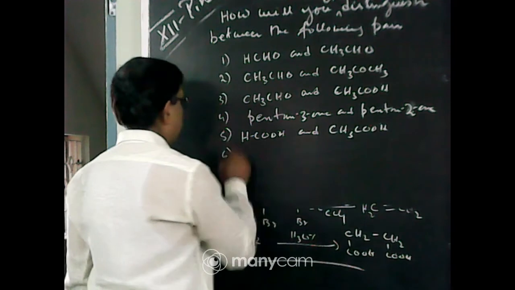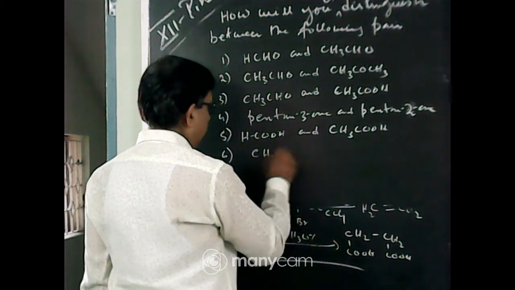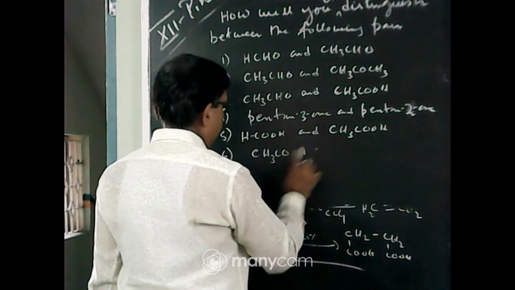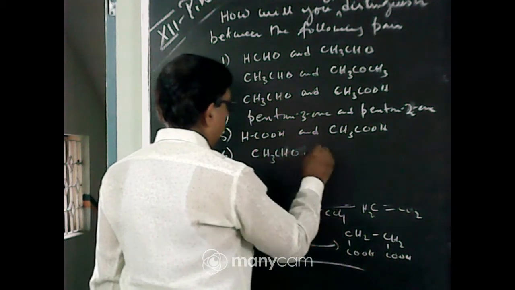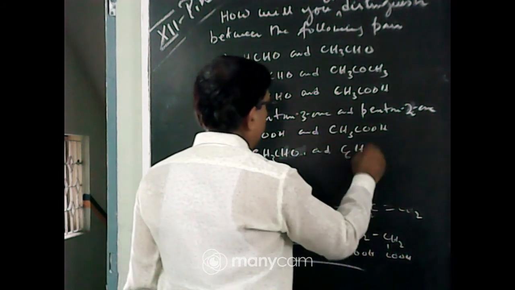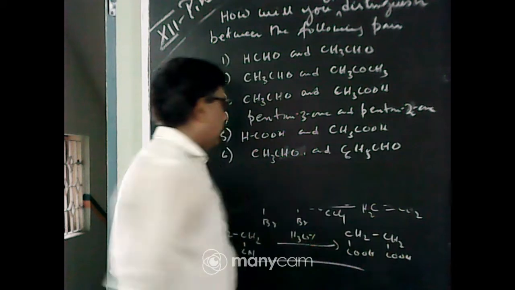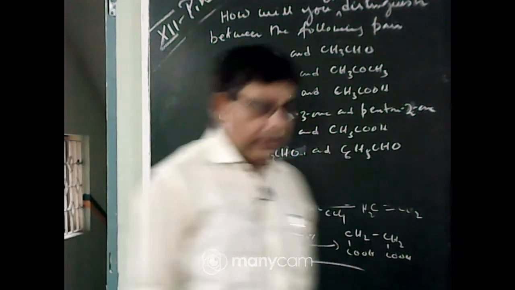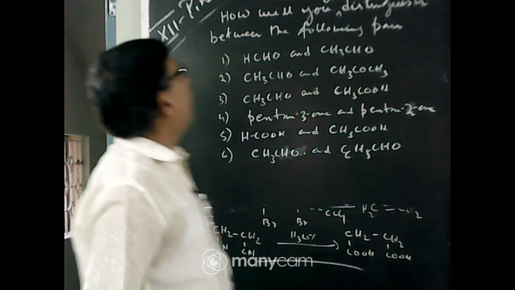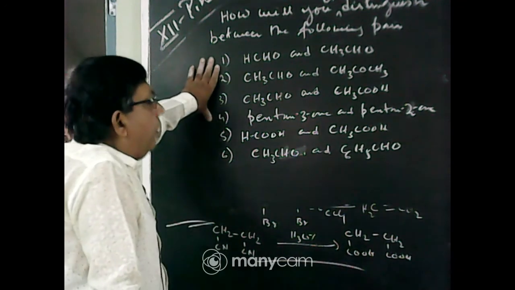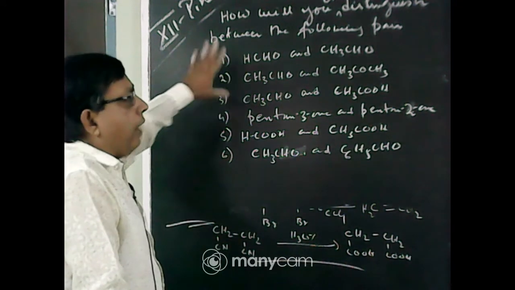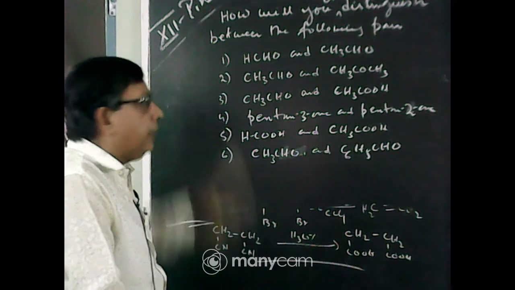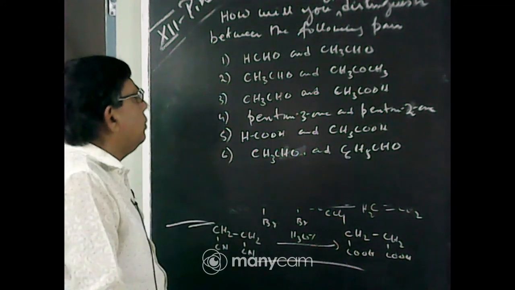And number 6, acetaldehyde and benzaldehyde. How will you chemically distinguish between the following pairs of compounds? You have to mention one chemical reaction by which we can distinguish between them.